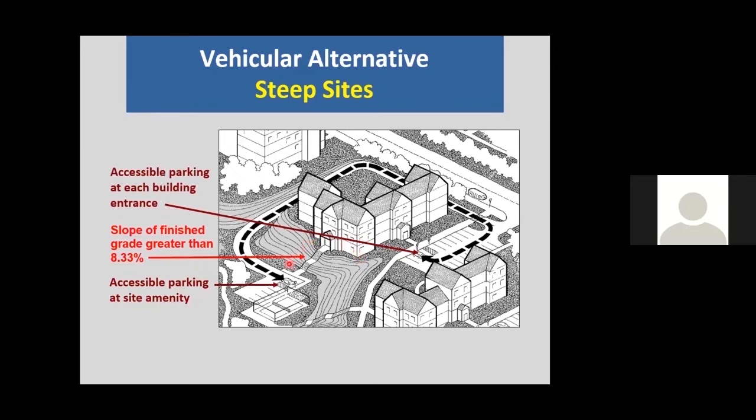Basically, it's where our finished grade is going to exceed the maximum slope of a ramp, 8.33%, and that these conditions are beyond the control of an owner to provide an accessible pedestrian route. You are allowed to use a vehicular route if you provide accessible parking at the dwelling units and you provide accessible parking at the amenity that is otherwise unreachable by an accessible pedestrian route. I will take this moment to say that HUD is expecting accessible pedestrian routes, routes intended for pedestrians, not vehicular routes only.